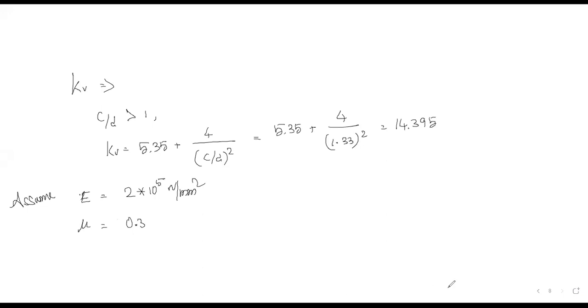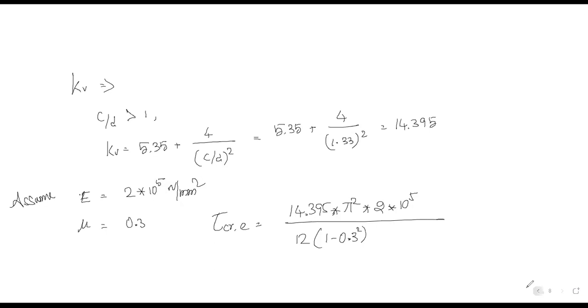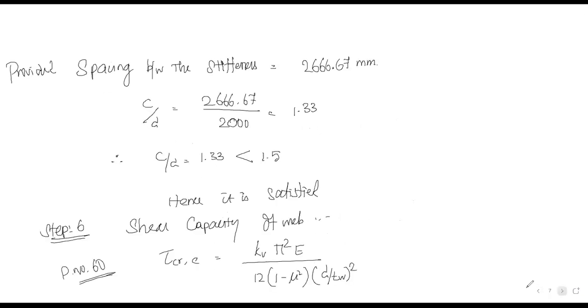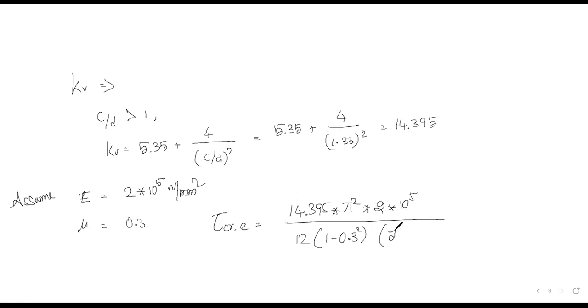Now we are going to substitute these values. Tau CRE is equal to kV multiplied with pi squared E, where E is 2 into 10 to the power 5, divided by 12 into 1 minus mu squared into d by tw, that is 2000 divided by 10 the whole square.